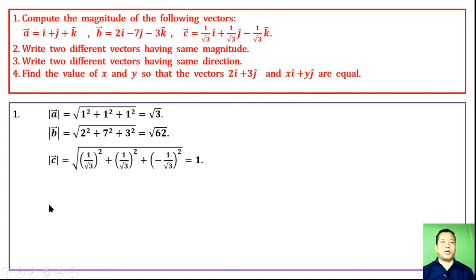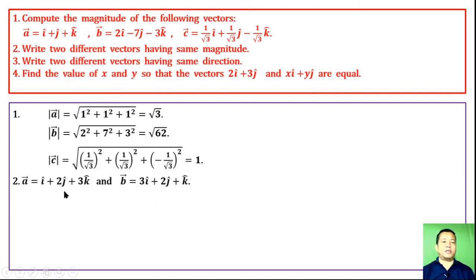Question number 2. Write two different vectors having same magnitude. Two vectors with the same magnitude but different directions. Let a vector equal i cap plus 2j cap plus 3k cap and b vector equal 3i cap plus 2j cap plus k cap.